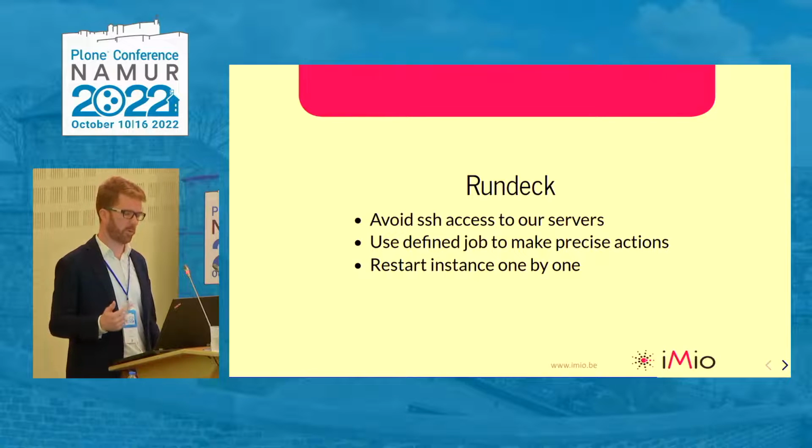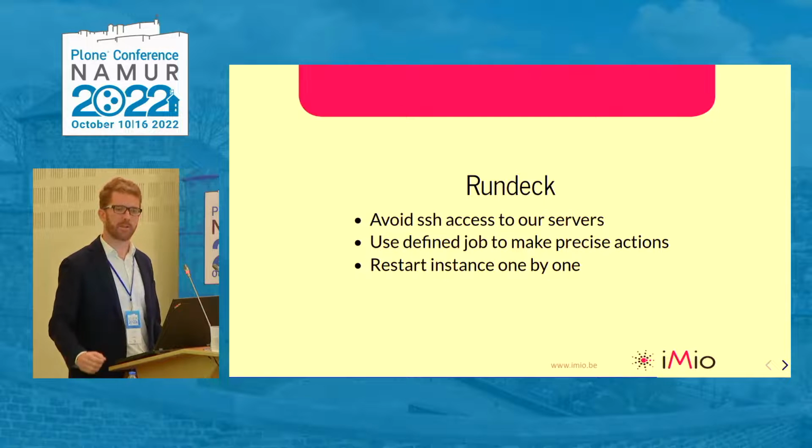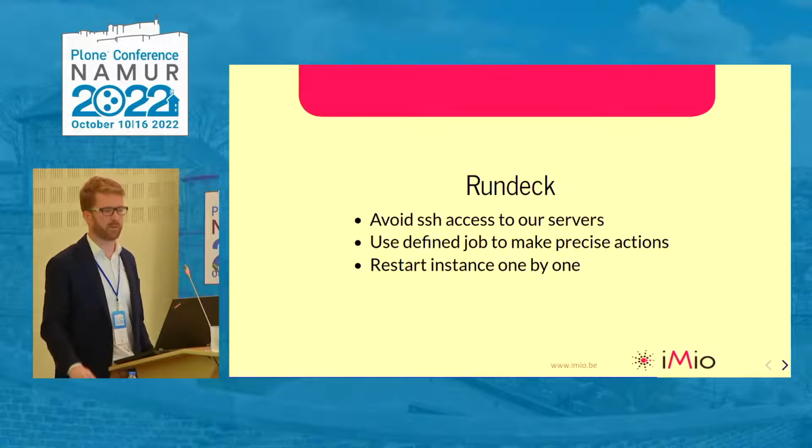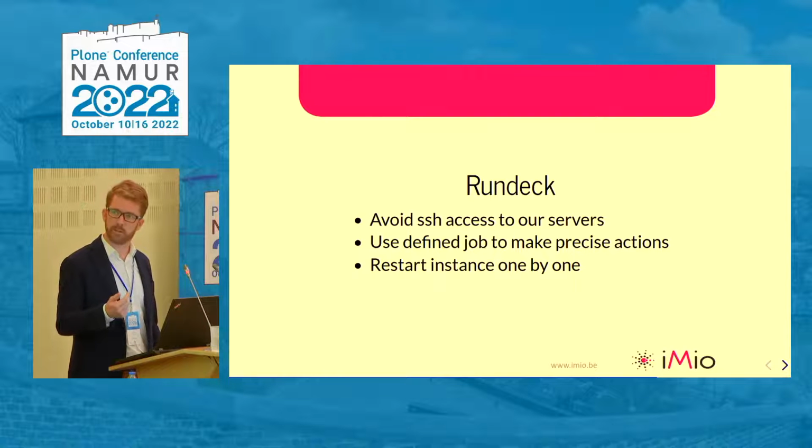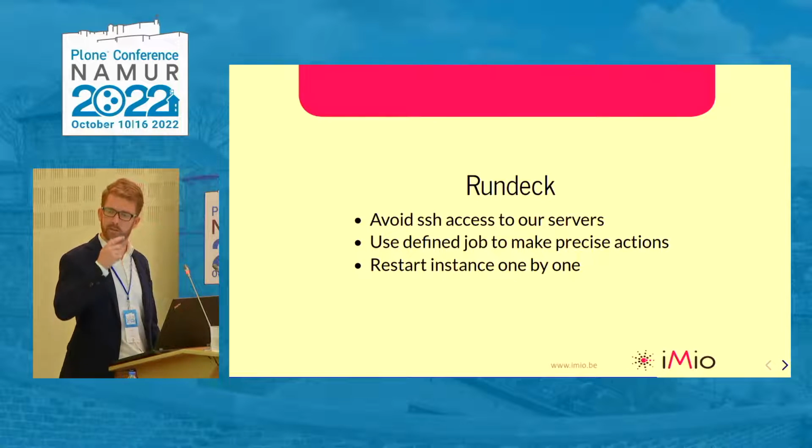We use rare storage for our instances now with Plone 6, and so we restart one instance. We always have two instances running, so we can stop instance one, wait for the restart with a new version of the latest Docker image, and after that we can start all upgrade steps.